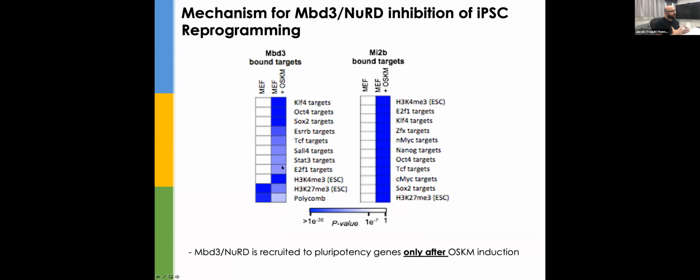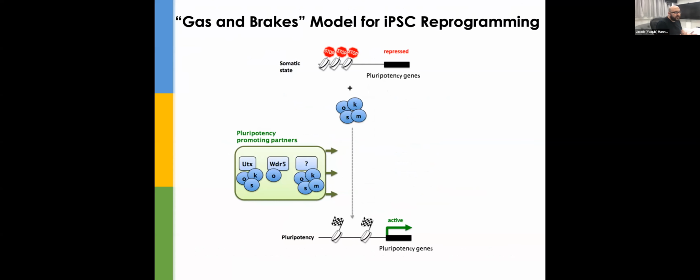So basically, we're trying to express the pluripotency genes, but they bind a repressor that is found there, which has a negative effect. So we made an analogy to the gas and brakes mechanism, like driving a car by stepping on the gas and the brakes at the same time, which is not a good thing.